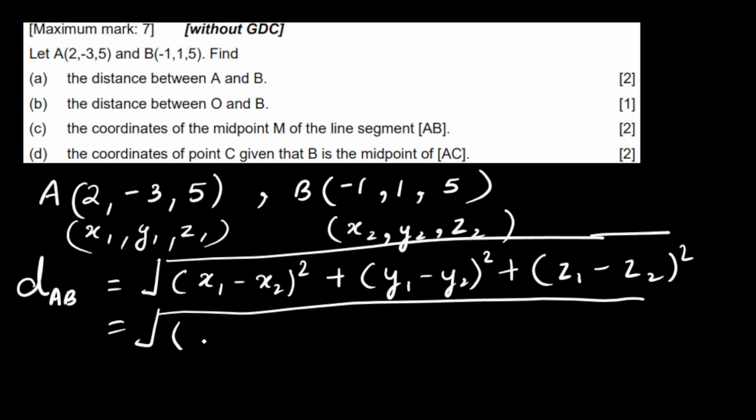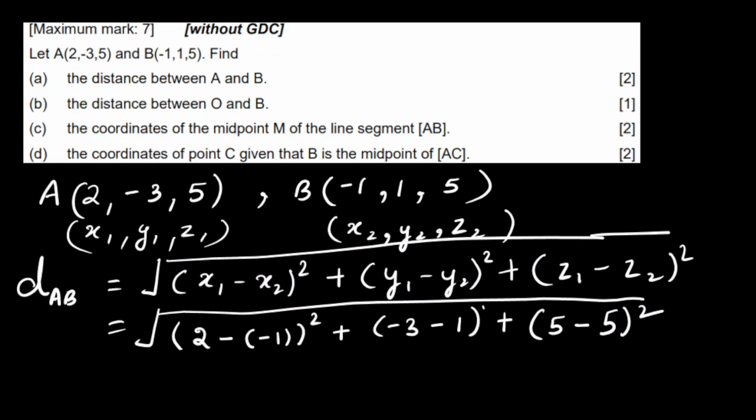So x1 is 2 minus x2 is -1 whole square plus y1 is -3 minus y2 is +1, so -3 minus 1, plus z1 which is 5 and z2 is also 5, so 5 minus 5 whole square. So let us simplify this.